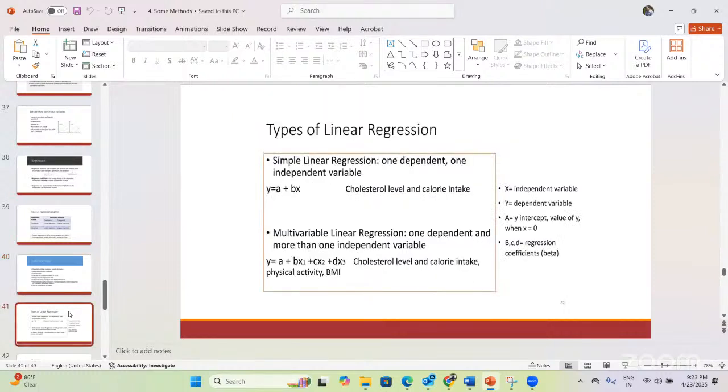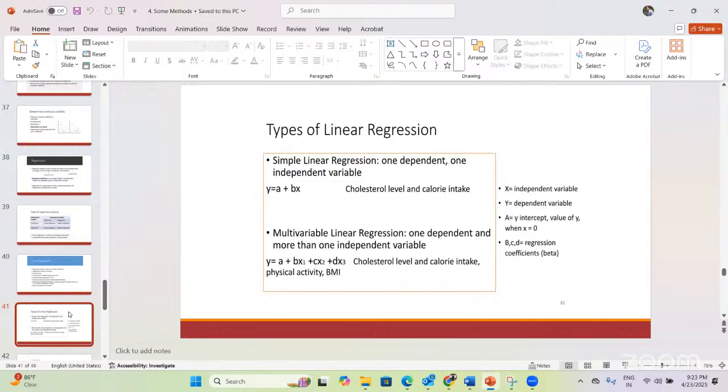This is the simple equation for linear regression: y equals a plus bx. Here y is the dependent variable. Anemic yes or no will not work in linear cases, because in linear cases it has to be a continuous variable. So maybe BMI.